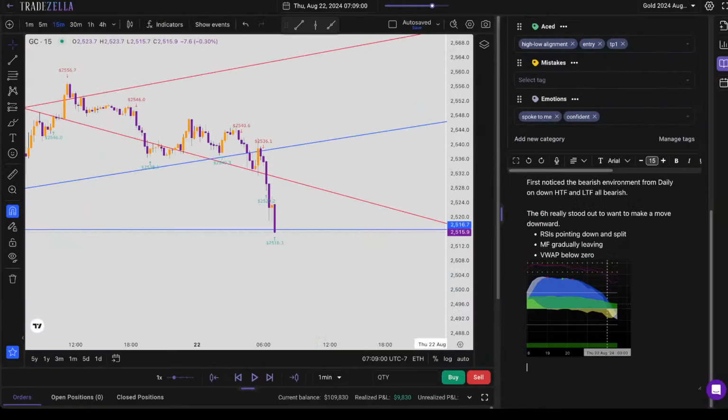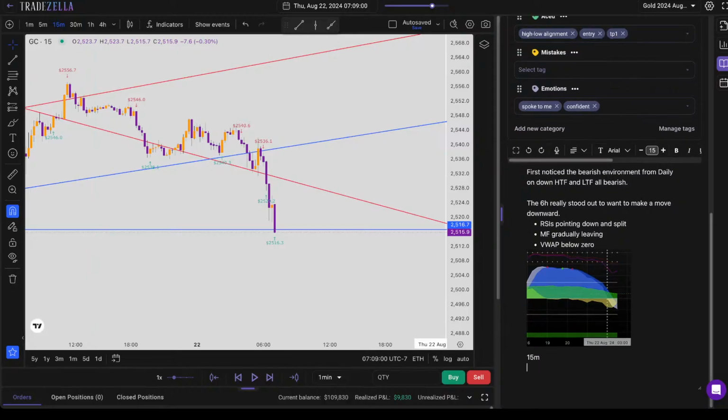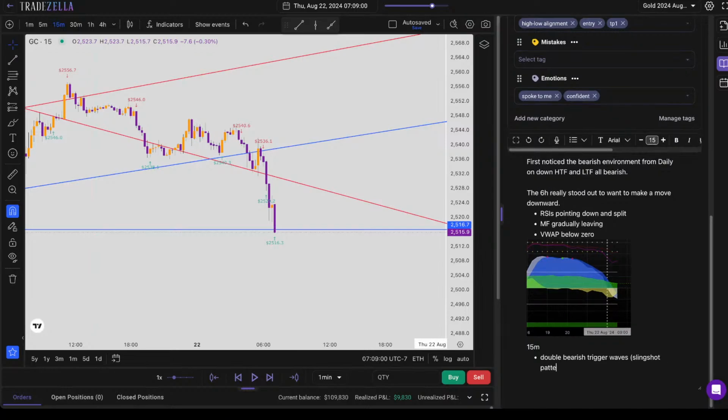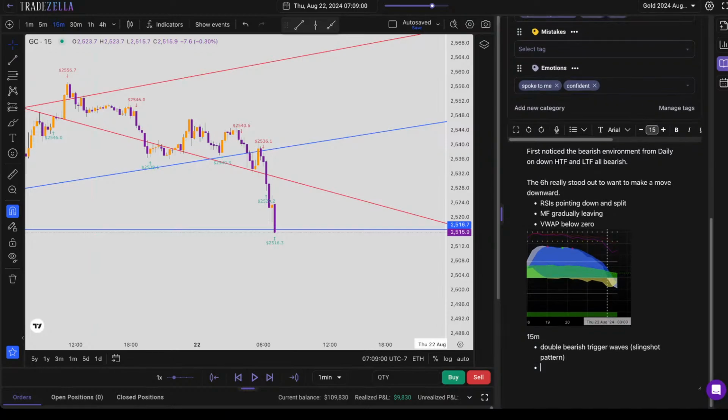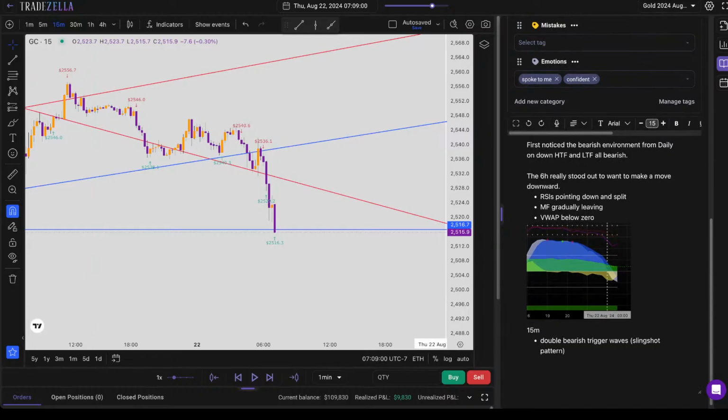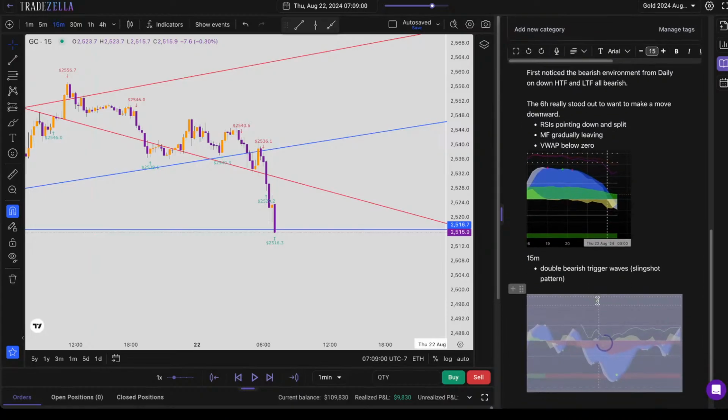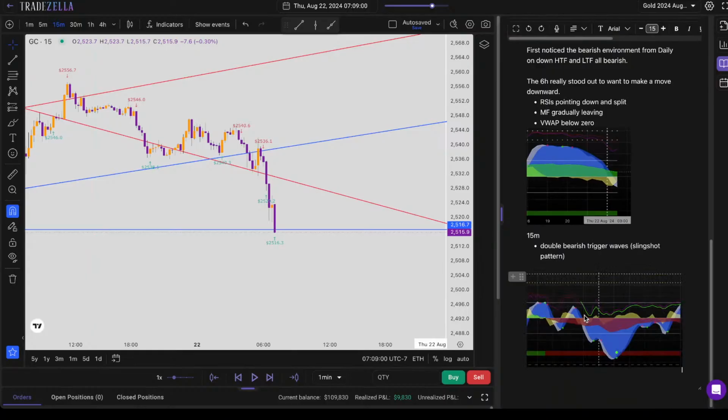All right, so we're looking at the 15-minute. Bearish trigger. We're going to say double bearish trigger wave. Slingshot. All right, screenshot action. Boom.